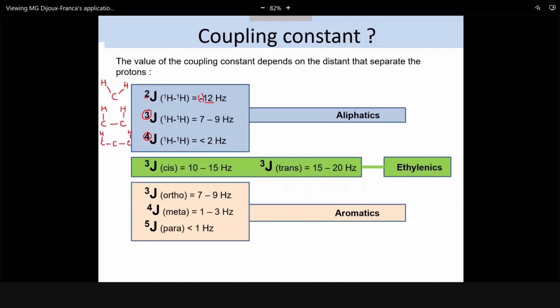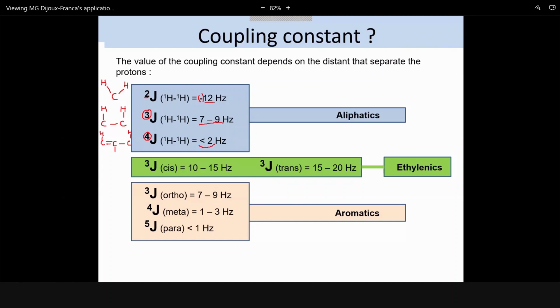Most often we have J3 in aliphatic protons. In an aliphatic molecule, it's around 7 to 9 Hertz. For example, when you have an allylic system like that, you have coupling between this one and this one, then the coupling is very small.